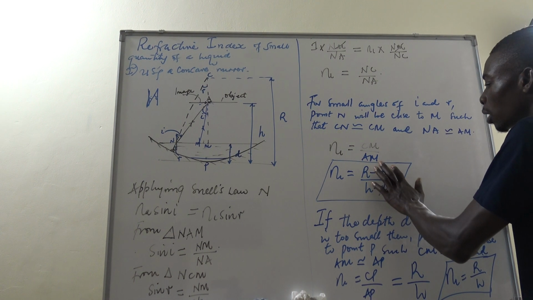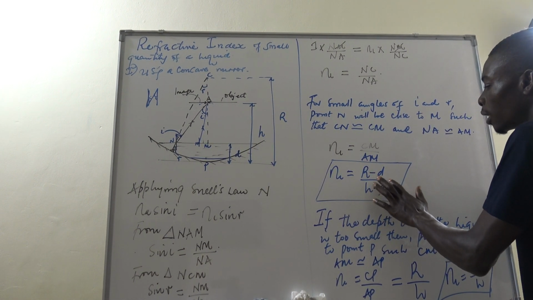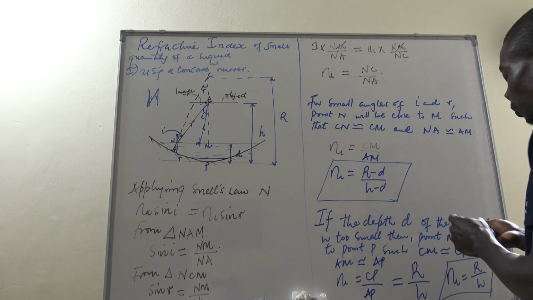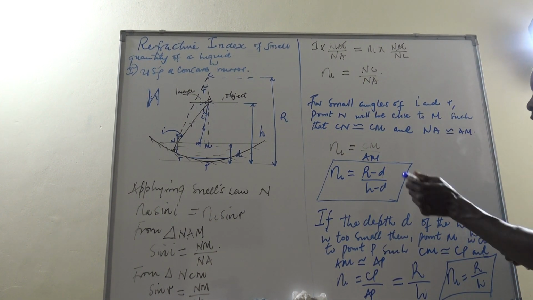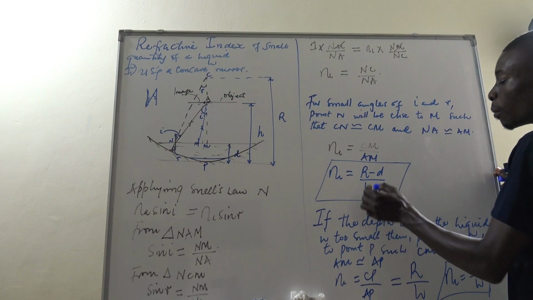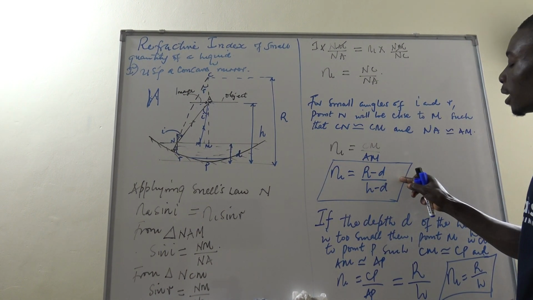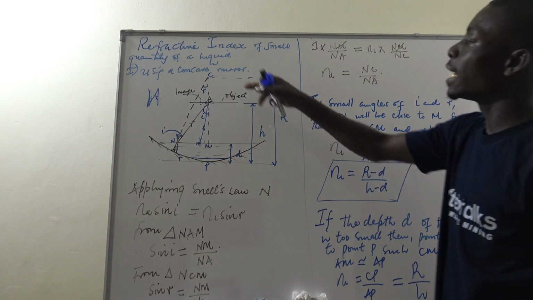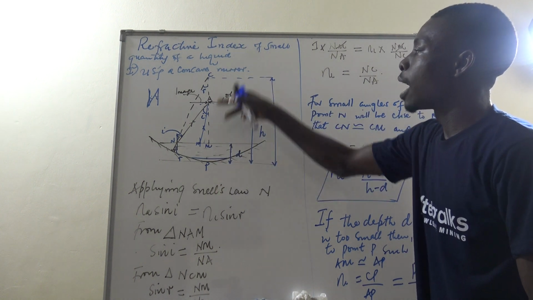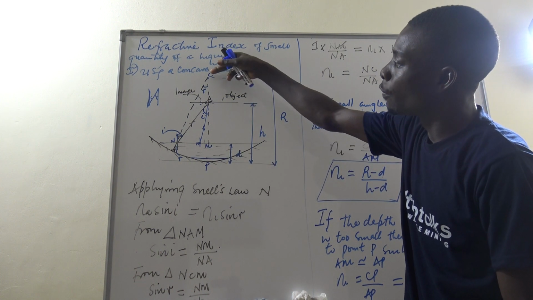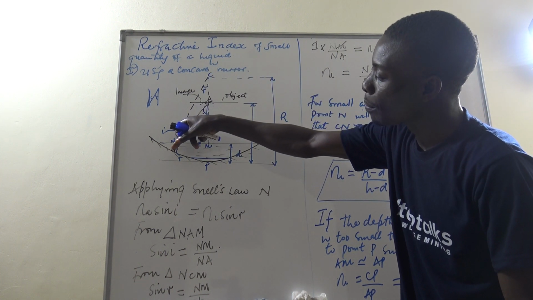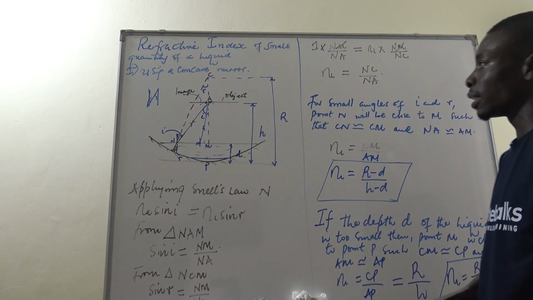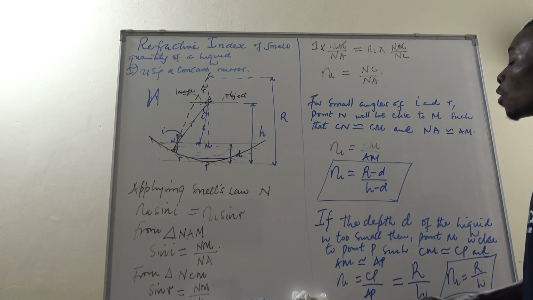Therefore, we can say that if the depth of the liquid cannot be neglected, the formula is R minus D out of H minus D, where R is the radius of curvature of the mirror, because we said that if we draw any line coming from the mirror that is normal and it is extended to cut the principal axis, it will cut it at the radius of curvature.